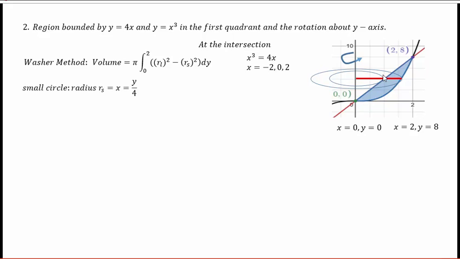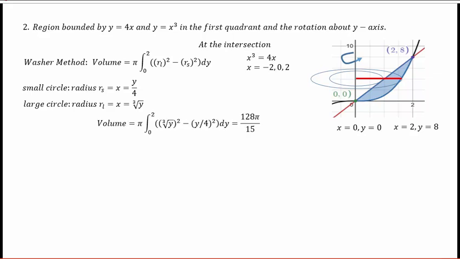That gives you the radius for the small circle, which is x equals y over 4. And the next one, y equals x to the 3, so x will be the cube root of y. As you see here, the circles are moving on the y-axis, so that's why integration will be with respect to y.